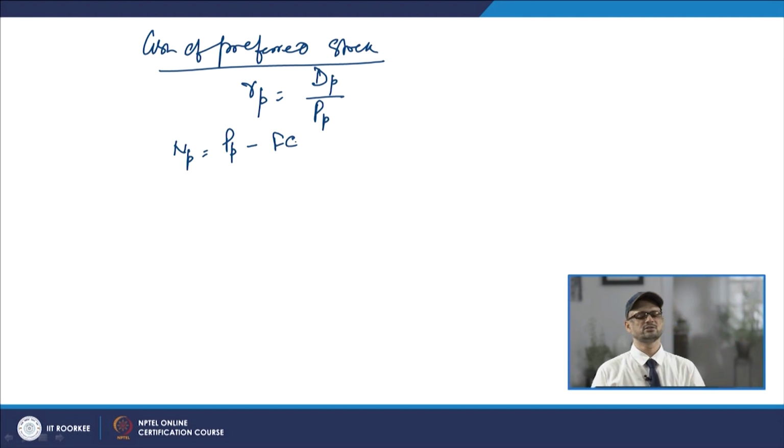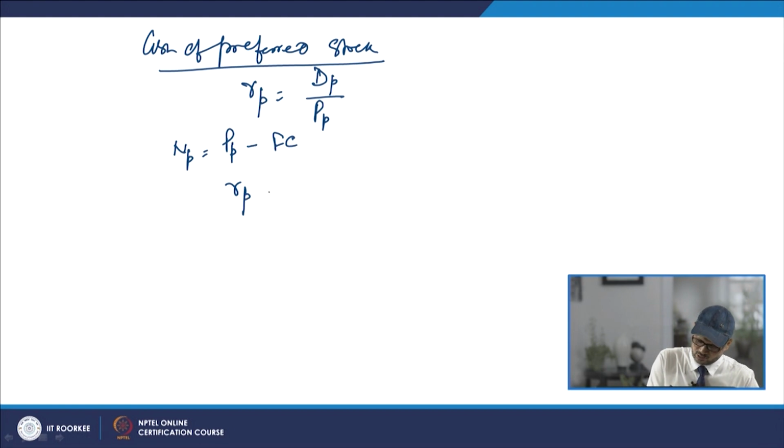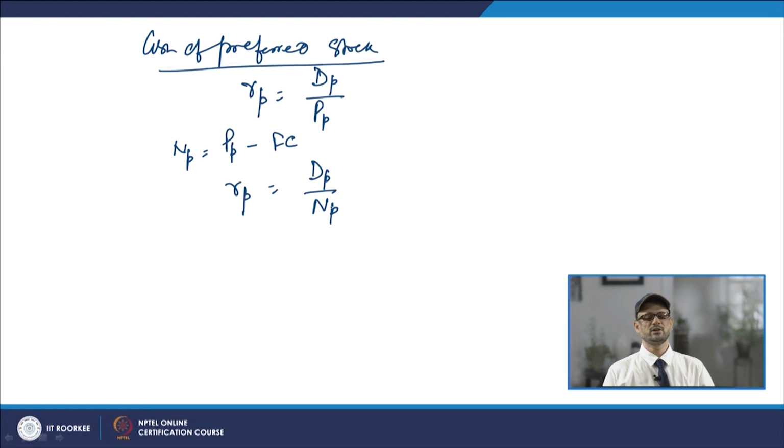Flotation cost is there while transacting with these shares, so your actual equation for Rp becomes DP by NP. When the flotation cost is involved, it has to be incorporated to find the net proceeds, and Rp will be the dividend for the preferred stock divided by the net proceeds.